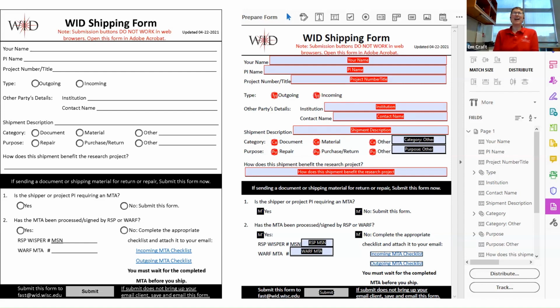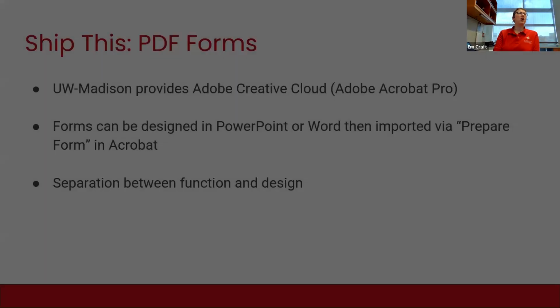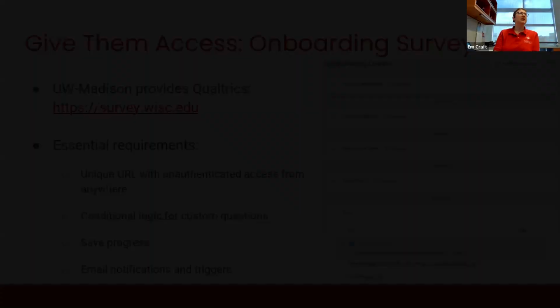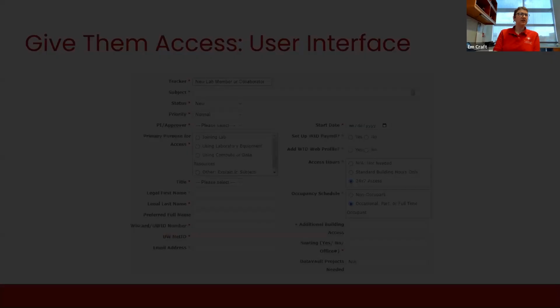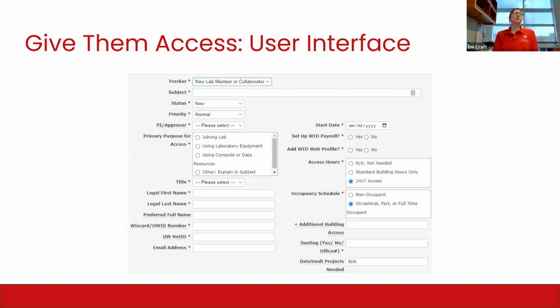But when we can get all of the information we need in one place, like we really need to know things like their net ID so they can get VPN access. We need to know their occupancy for building safety things. We need to know because we have different passcodes for 24/7 access. All of these things are because we need to know them. It's not just to annoy people.